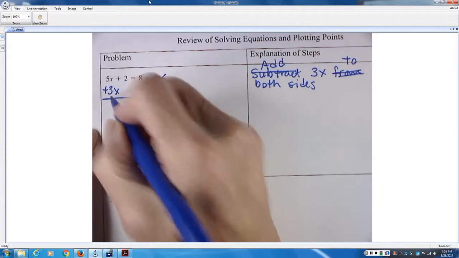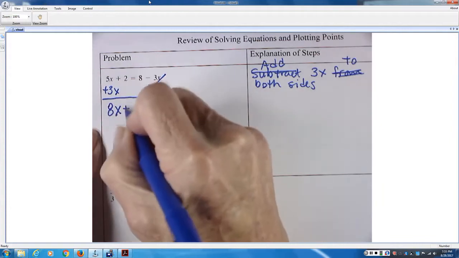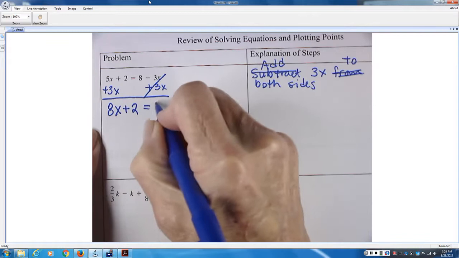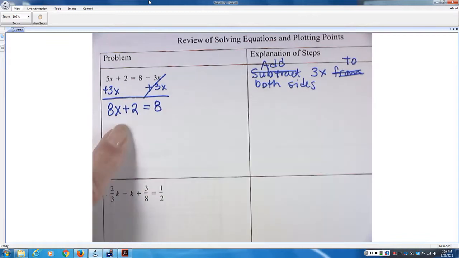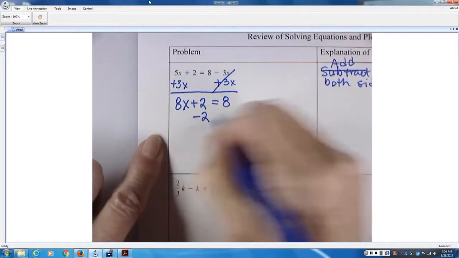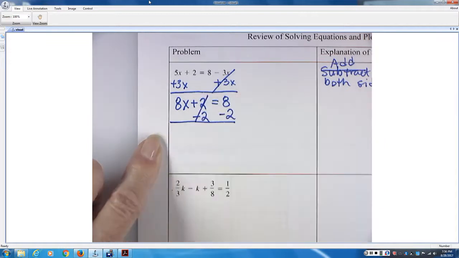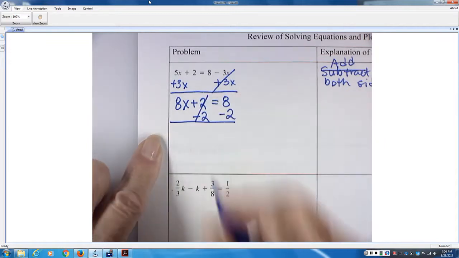So 5x plus 3x is 8x. Bring down the plus 2 is equal to 8. Now I need to subtract 2 from both sides. So I'm going to do minus 2, minus 2. That gets rid of the 2 on the left side and puts it on the right side.